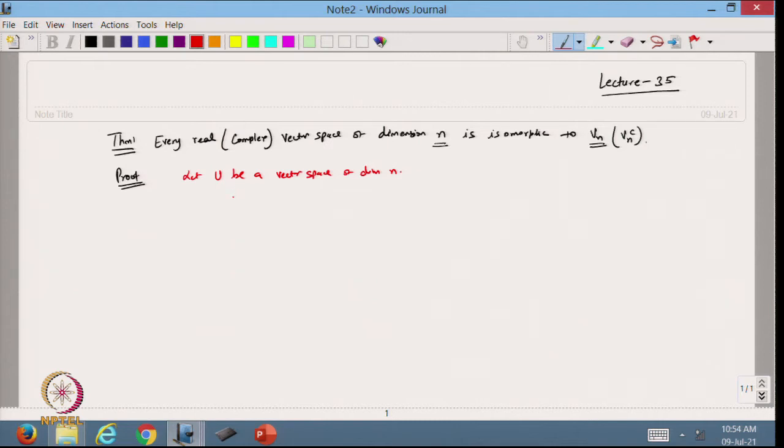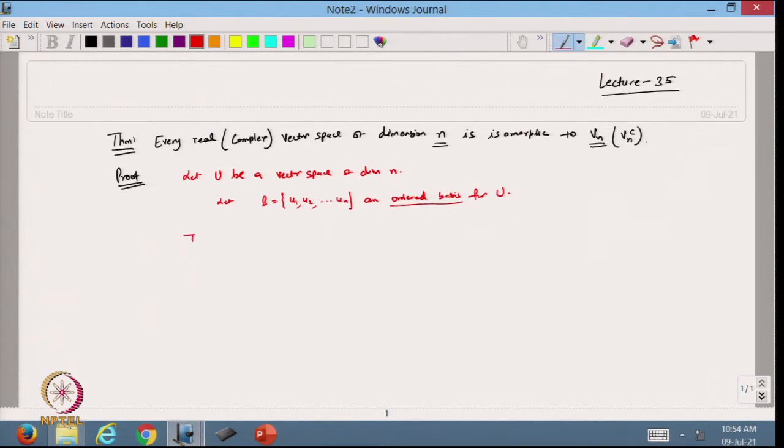Suppose this is the dimension n, then let us also take the set B = {u1, u2, ..., un}, an ordered basis for U. So we are taking the ordered basis of U, and this is of dimension n.